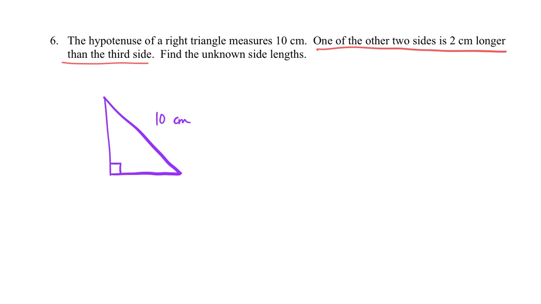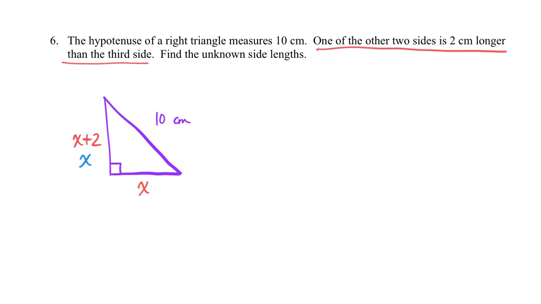Well, what I could do, if you follow my advice from before, I'm going to make my smallest side x. I don't know what it is. That makes the side that's a little bit bigger than it x plus 2. Like I said earlier, you could have said, I'm going to make the bigger side x, the other side would be x minus 2, wouldn't really cause a problem. Both of those are good.